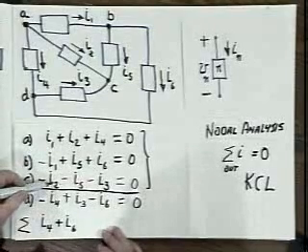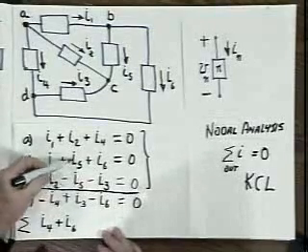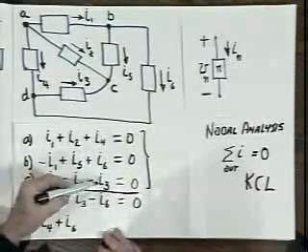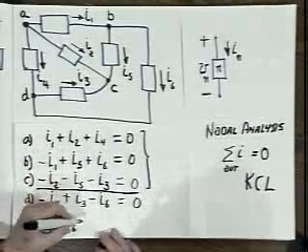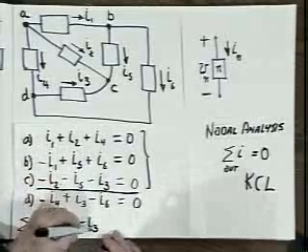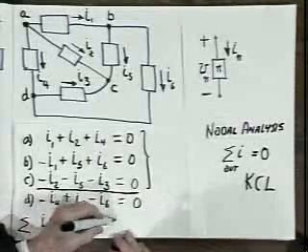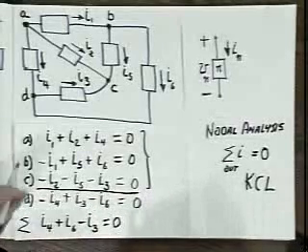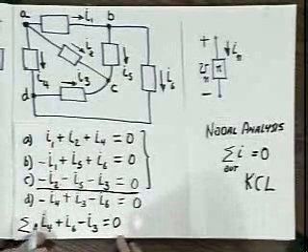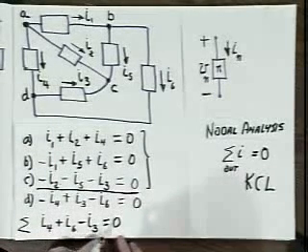And now we've taken care of I2 and I5. They cancel out. I3 appears only once in these equations, and so it's minus I3, and that must equal 0. The sum of these three equations yields this one, I4 plus I6 minus I3 equals 0.